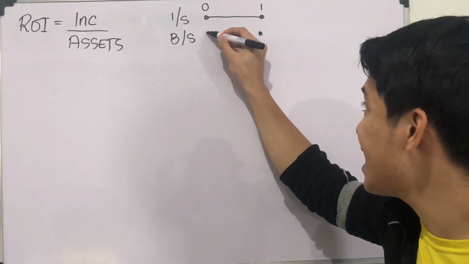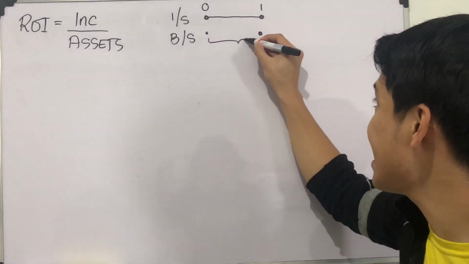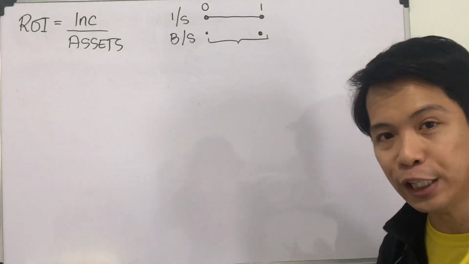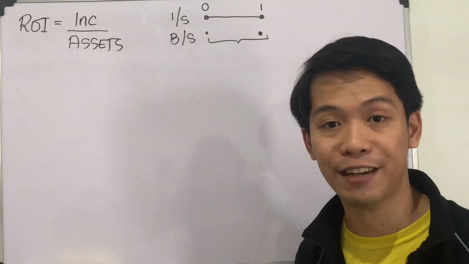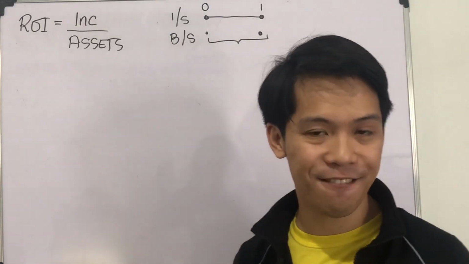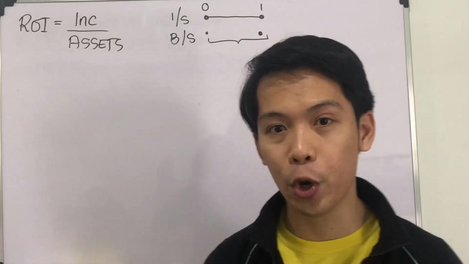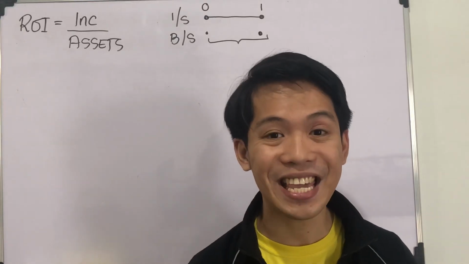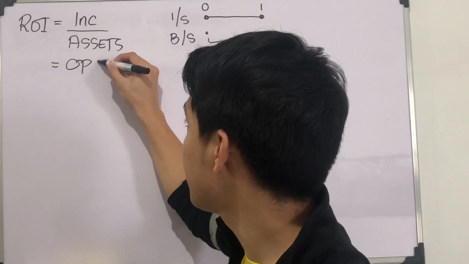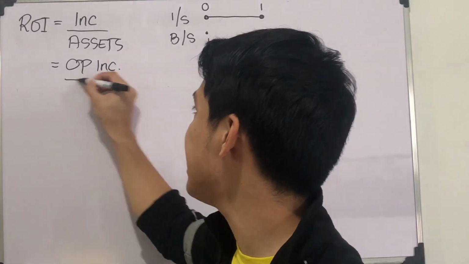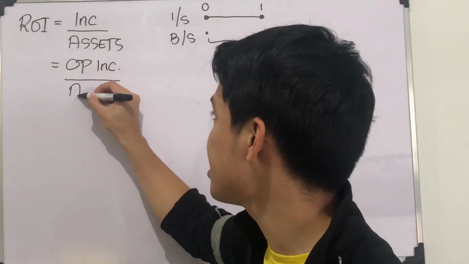We have to take the average between beginning and end. So for this problem, we are going to divide income over investment. What would be the relevant income amount? We're going to use operating income, and divide it by the amount of average assets.